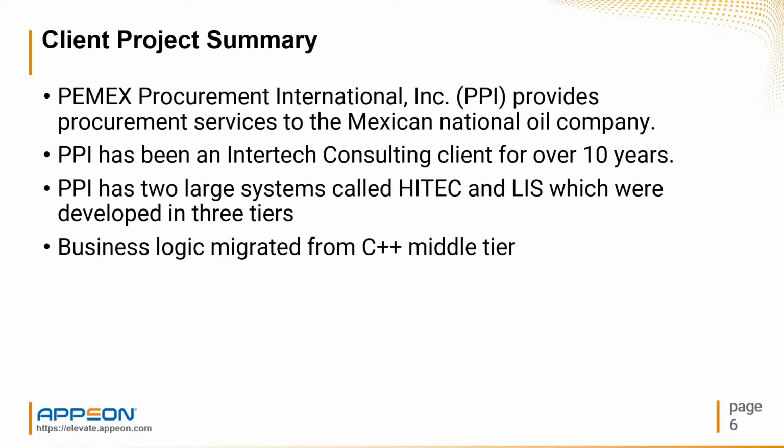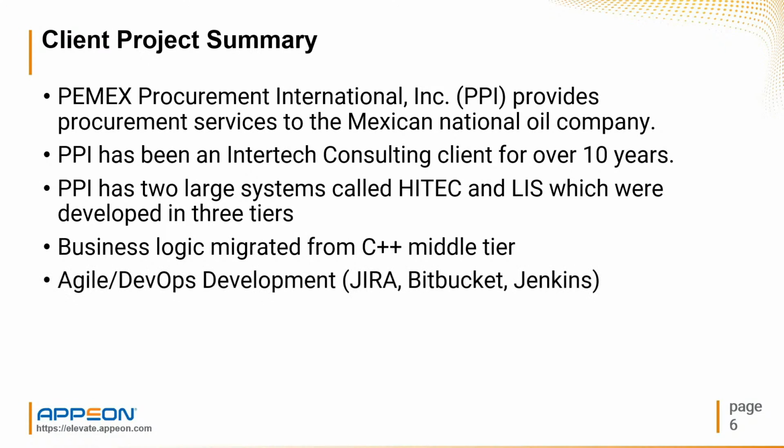We started this in 2019 with a proof of concept project, and that turned into a full-blown migration. And I actually presented last year on some DevOps pieces of this project, where we're using Jenkins with pipelines, Bitbucket, Git, and the like, and that's agile DevOps development, still a very integral part of what we're doing with them.